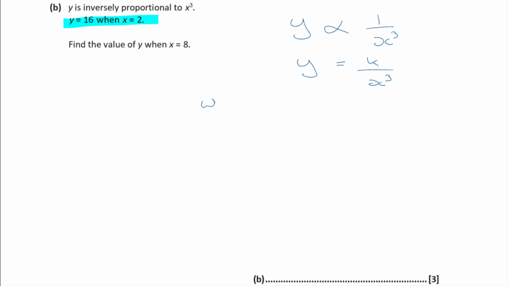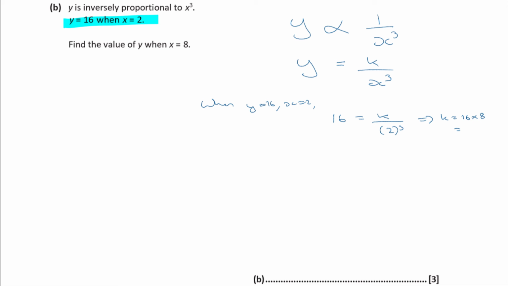Okay, so when y is 16, x is 2, so we can sub those 2 values into the equation, and then the only thing we won't know is k. So 16 is equal to k over 2 cubed. 2 cubed is 8, so cross multiplying, k is going to be 16 times 8.